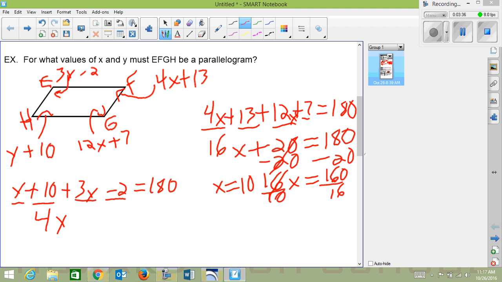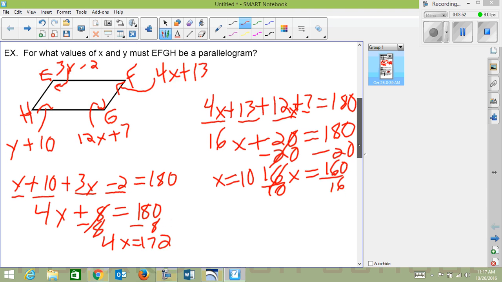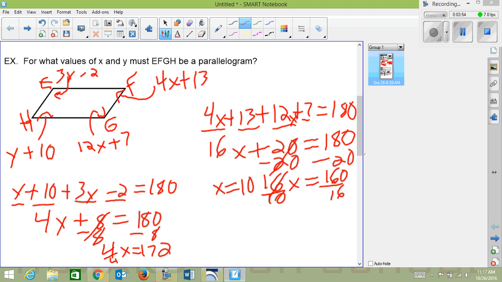A positive 10 minus a 2 is a plus 8, equals 180. I'm going to subtract my 8, giving me 172. So 4y equals 172. I'm going to divide by 4. 172 divided by 4 is 43. So 43 equals y.